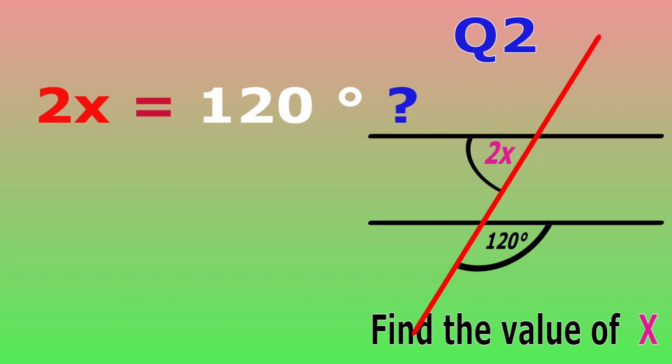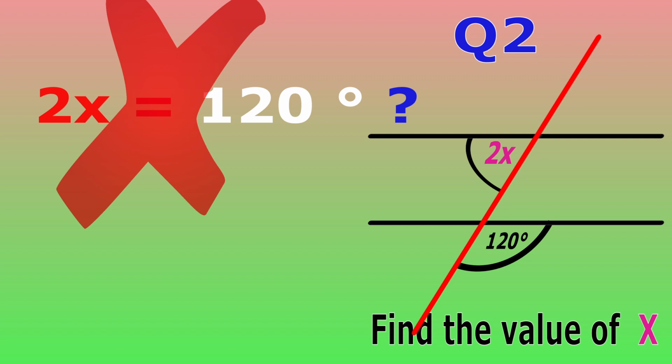And if it turned out to be either one, then 2x must be the same size as 120 degrees. Now I can tell you that 2x is neither a corresponding nor alternate angle of the 120 degree angle. So we're unable to show that 2x is equal to 120 degrees. We don't know the value of 2x.